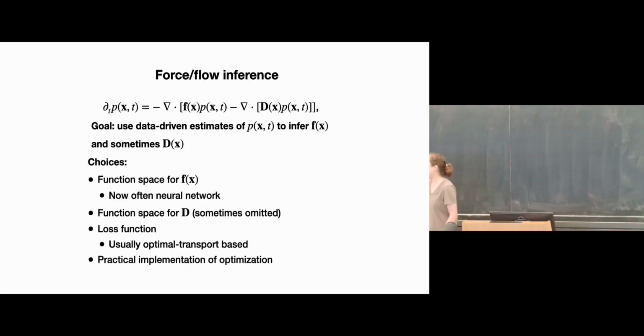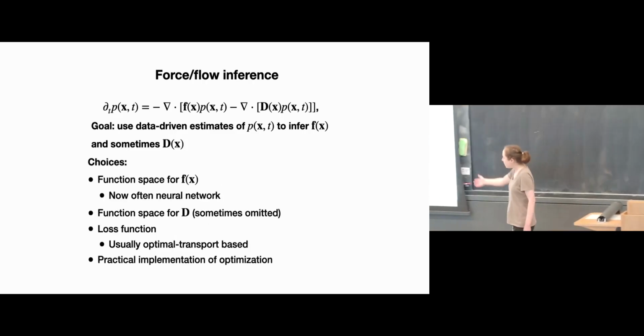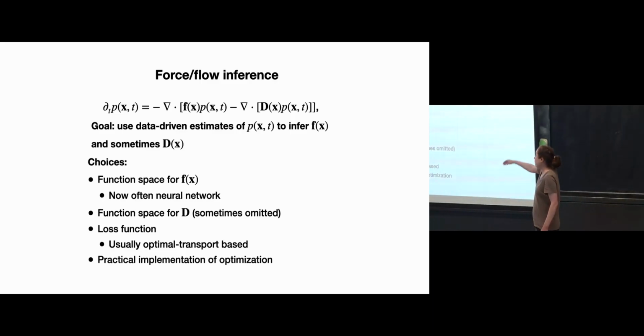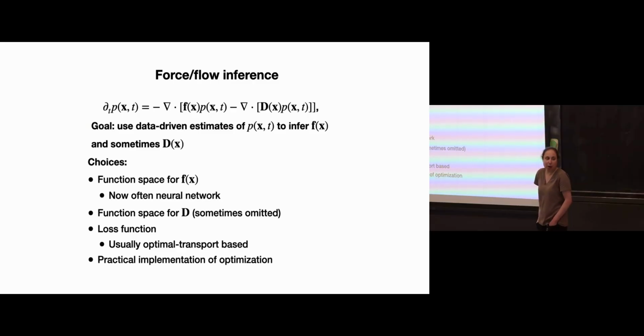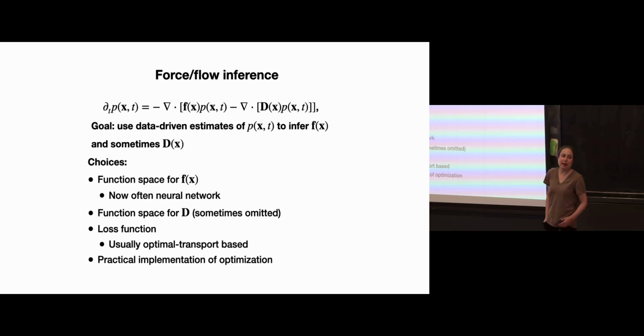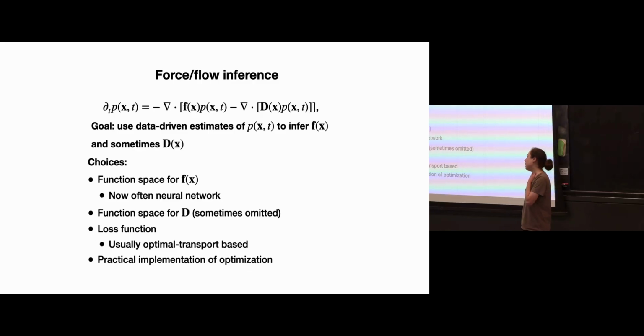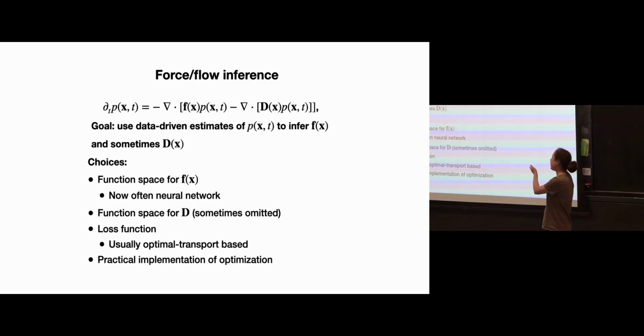Some of the choices you have here are, what function space do you want to use for F and D? By far the most common choice now is a neural network, which is very flexible, with some kind of regularization, which is one of the technical choices. What kind of loss function do you want to use?